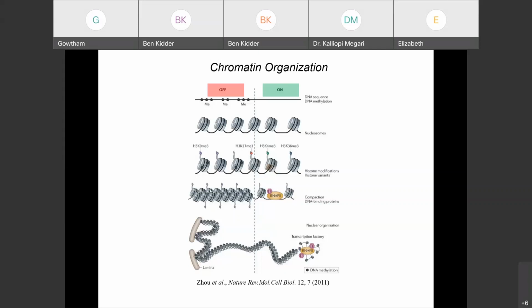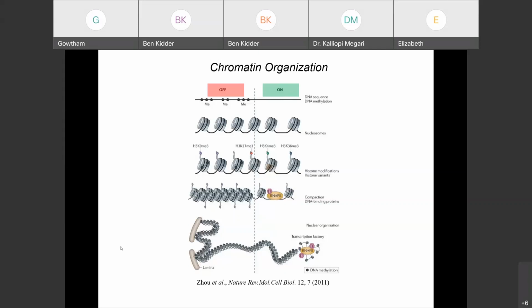The density of these nucleosomes is higher in a transcriptionally repressed state, whereas in an open, transcriptionally active state, the chromatin tends to be more accessible to binding of TFs and the transcriptional machinery.